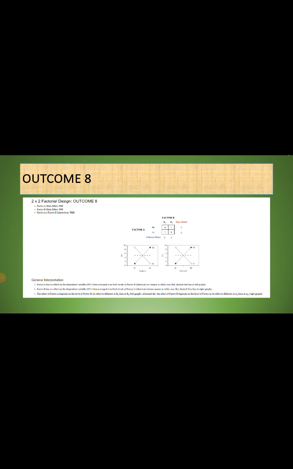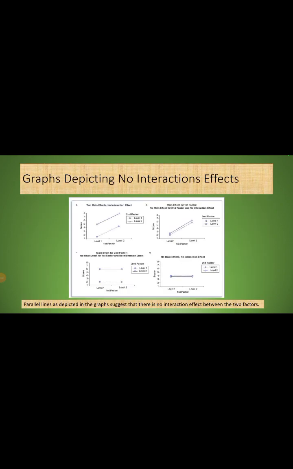With the previous outcomes, you can see that there is an effect, but here there's no effect on the dependent variable. The previous outcomes are much dependent, but here there is no effect. And the last interpretation, the effect of factor A depends on the level of factor B. Its effect is different at B1 than B2.